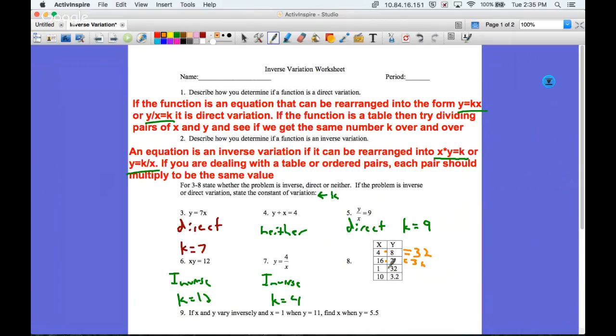If I multiply these, I get 32. So every time I multiply, I get the same number. That tells me that, yes, this is one of the types. Specifically, it's inverse variation, and our k equals 32.